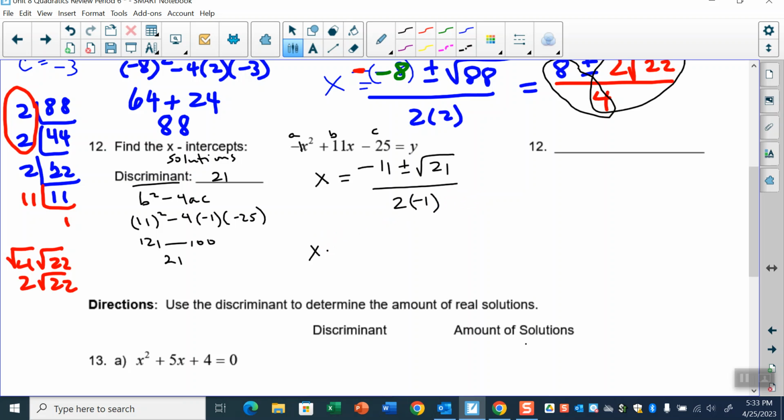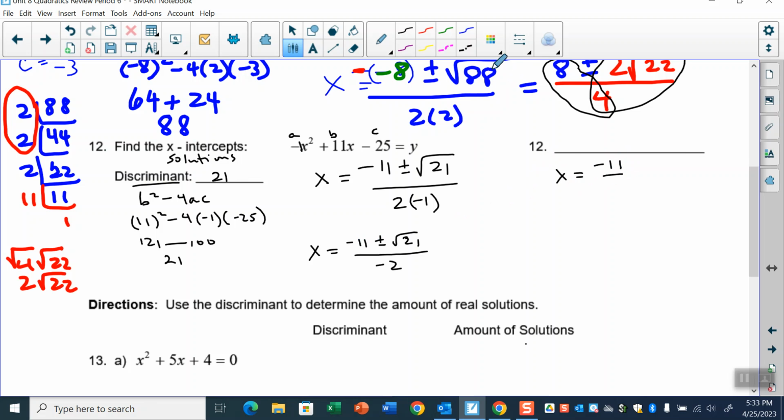All right, so that's x equals minus 11 plus or minus the square root of 21. All right, and that's not a perfect square or anything, so I'll just have to leave it like that, all divided by negative 2. All right, so that could be your answer, or if you wanted to write it as two numbers, you'd say, okay, x equals negative 11.